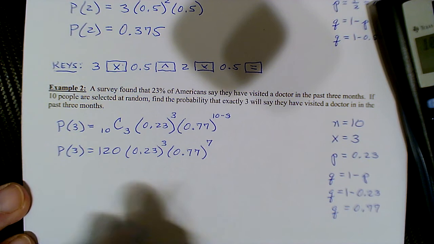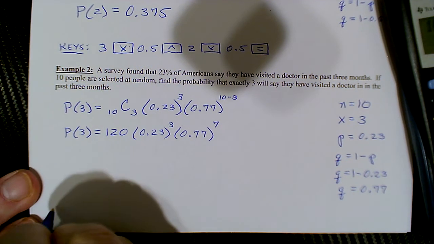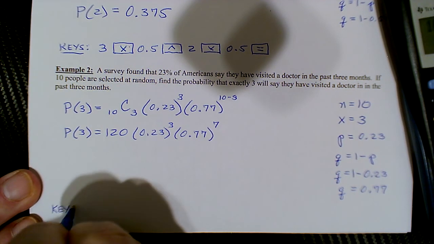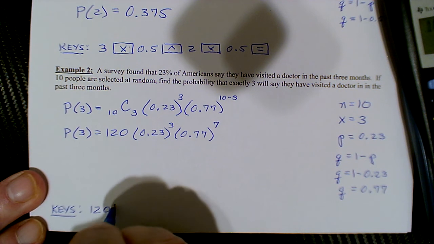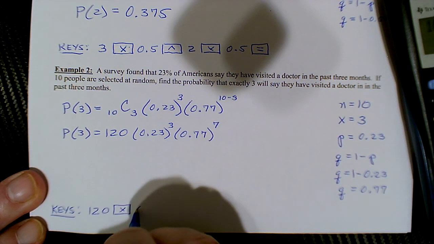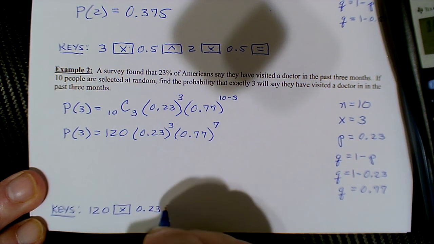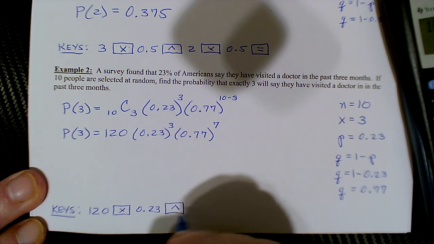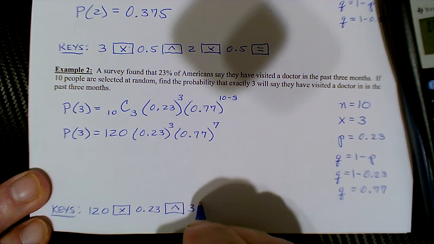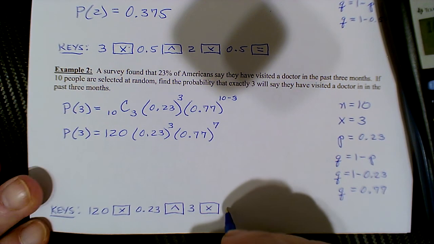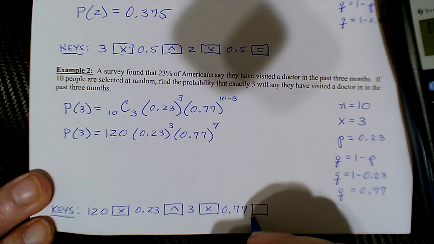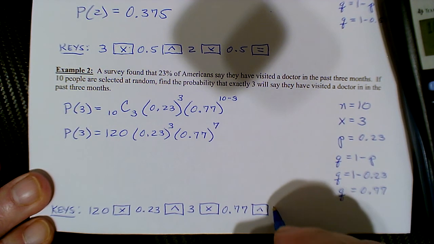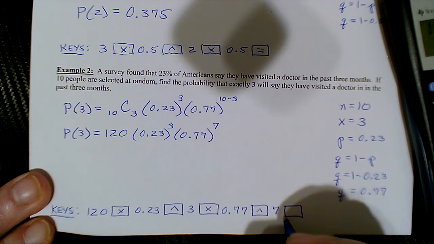Okay, so here's the keystrokes on the calculator. We'll enter the 120 and then times, enter the 0.23, raise that to the third power, and then times, enter the 0.77, and raise that to the 7th power, and then press enter.